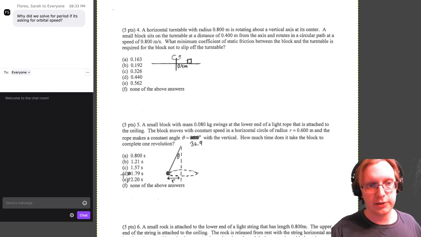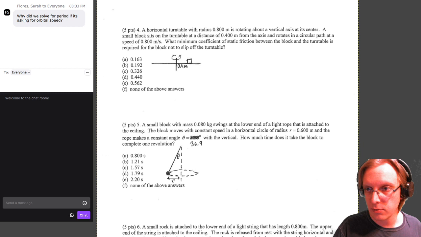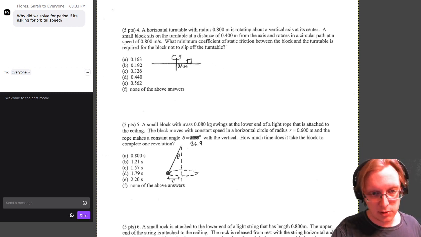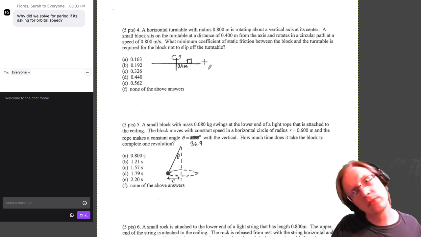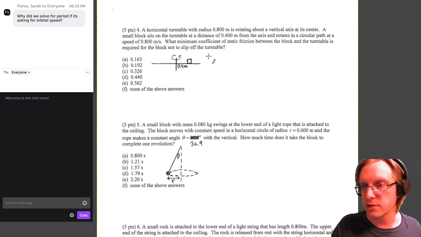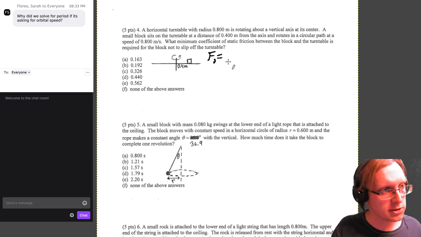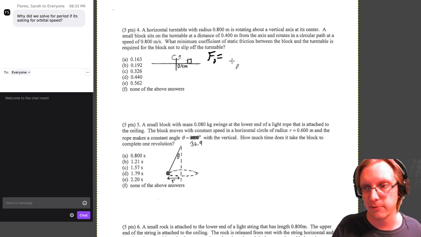This is an excellently good question for our static friction. So, this is a case where our static friction is a singular conditional force that provides the total force necessary for our centripetal force.